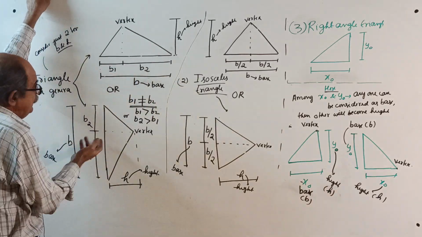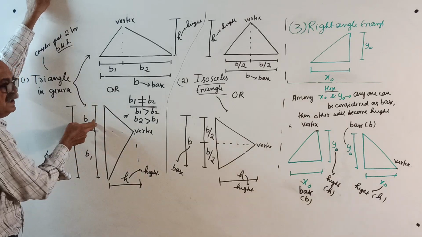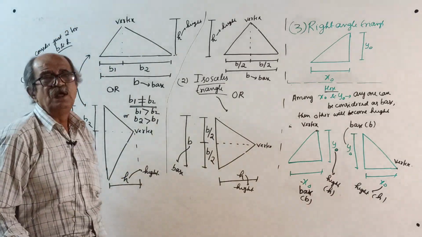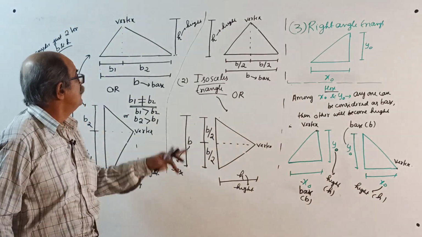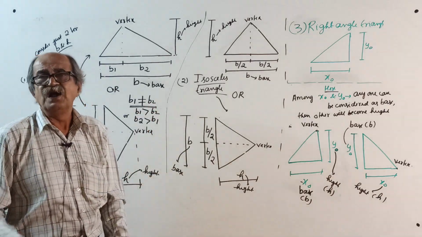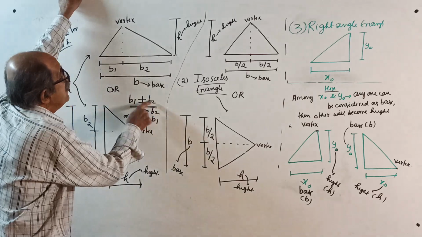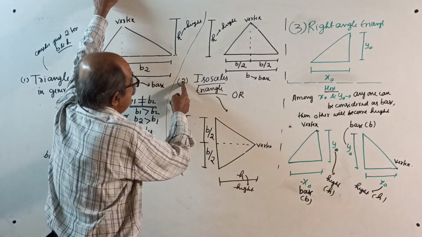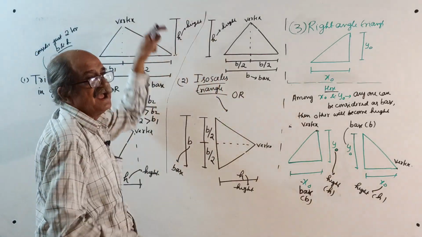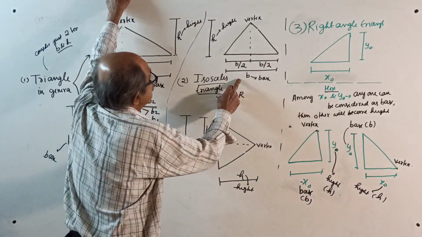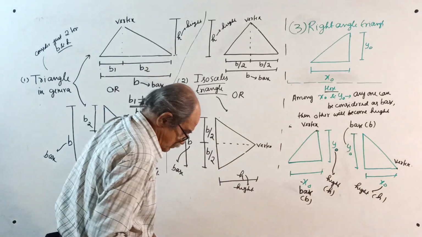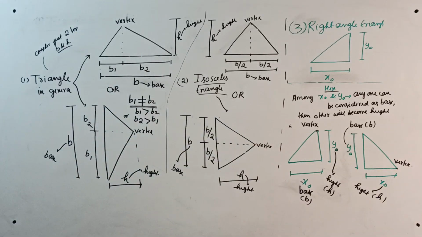Any one can be B1, there is no restriction. You can take any one as B1, the other B2. There is no rule that B1 should be equal to B2. By chance, if your B1 becomes equal to B2, case 2, it becomes an isosceles triangle. I won't explain the meaning of isosceles triangle.